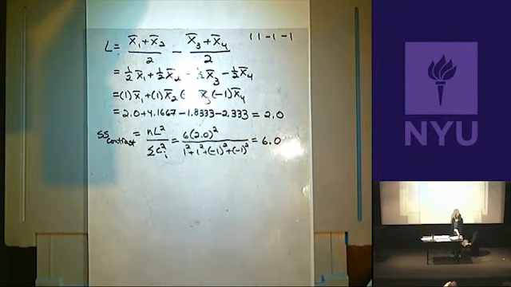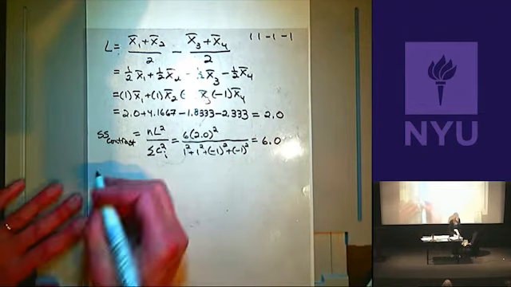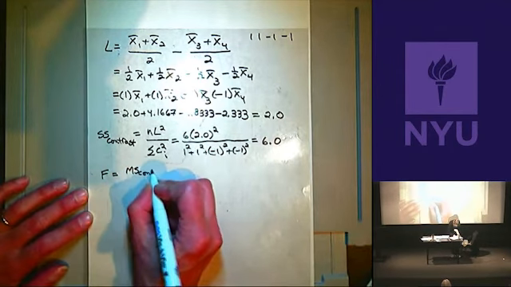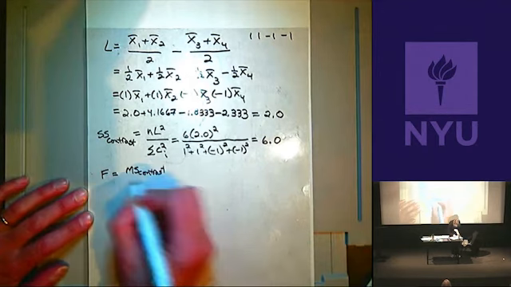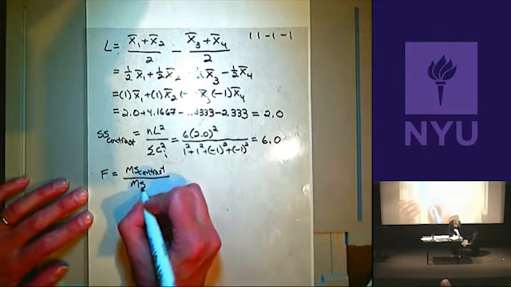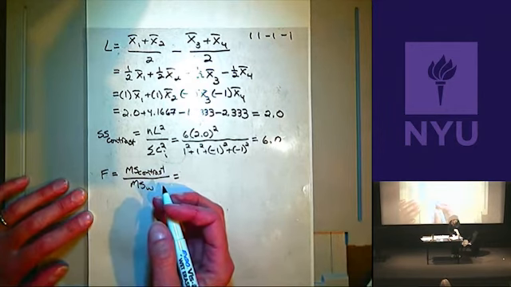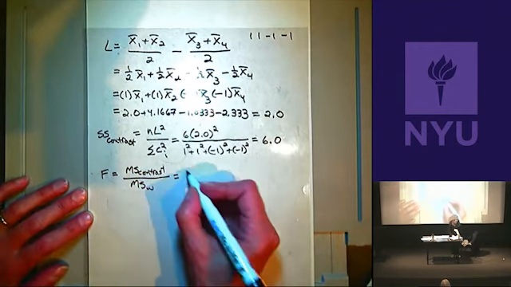Okay. What's my MS contrast going to be? Same thing. So now I get my F. What's my MS within?